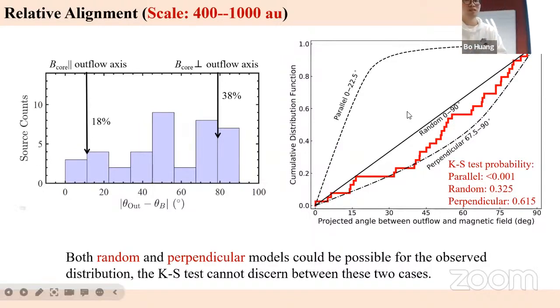So to study the influence of the projection effect, we plot the cumulative distribution function to compare our observed angle with the simulated angle.